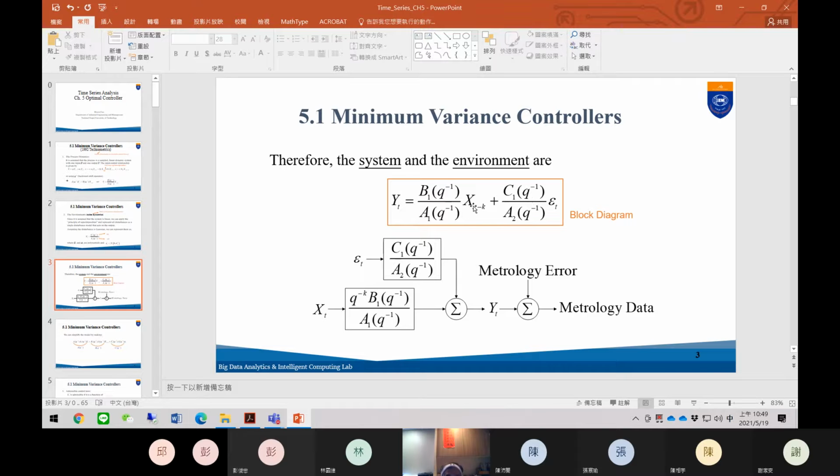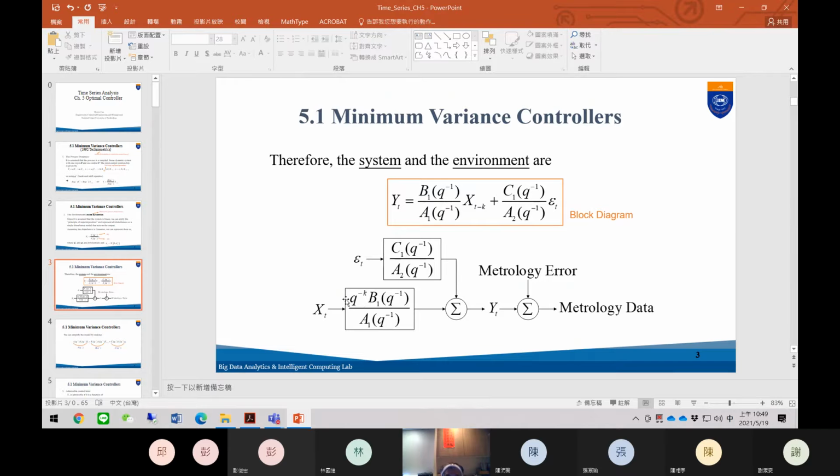We have A1 corresponding to Y_t, A2 corresponding to the disturbance. C1 over A2, the arrow comes into the C1 over A2 to produce the N_t, and X_t minus K goes into the system. This is K.